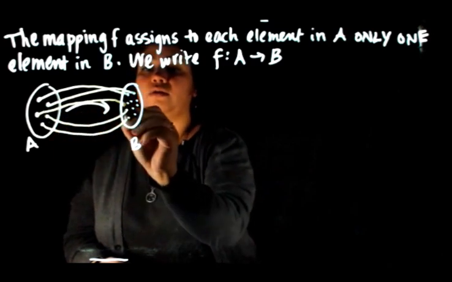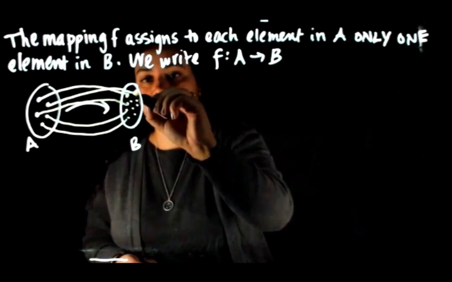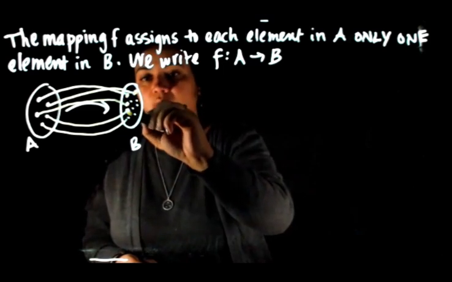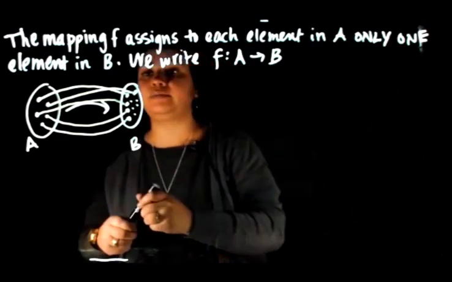And this one can go over here. The points that get hit in B will become the codomain of the function f.